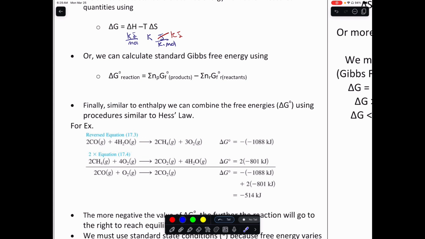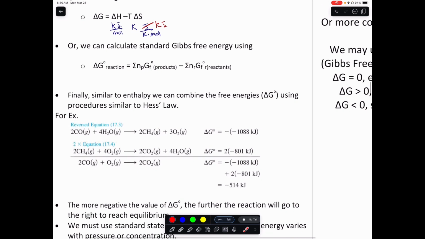Because free energy is a state function, meaning you can arrive at it either in one step or in many steps, if we have a series of elementary steps, like is shown here, that sum together to an overall reaction, then the individual free energy values for the elementary steps can be combined to arrive at the overall value. There are a few things to remember when we use this method.